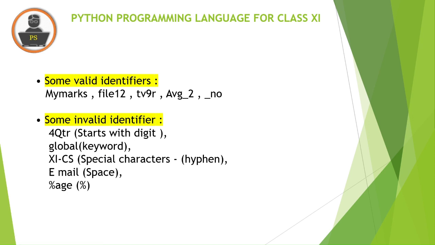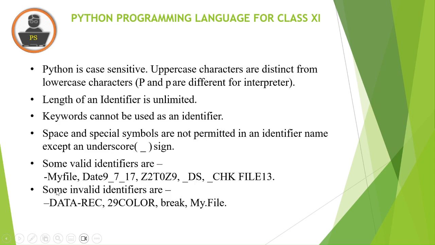Email, here E space mail, then it is not valid also. Percentage is used at the beginning, so it is not valid. Here suppose we have taken dash in my file, then it is not valid. Here I have taken underscore, then it is valid.